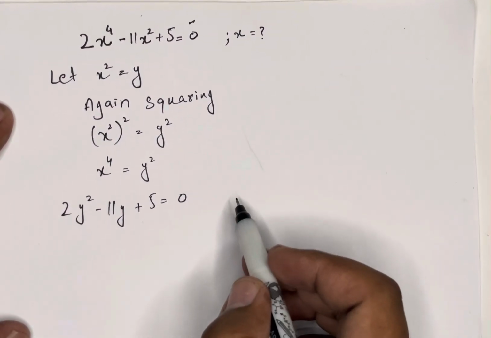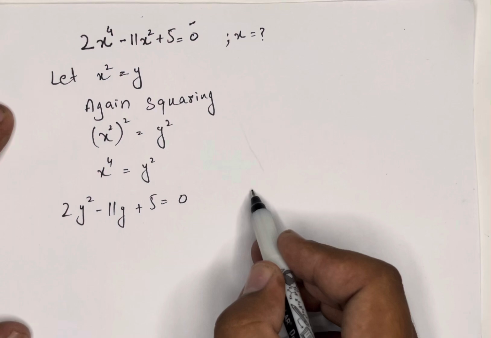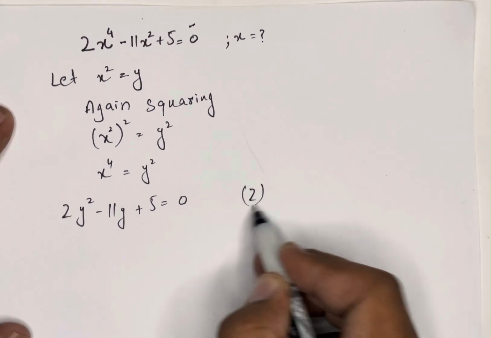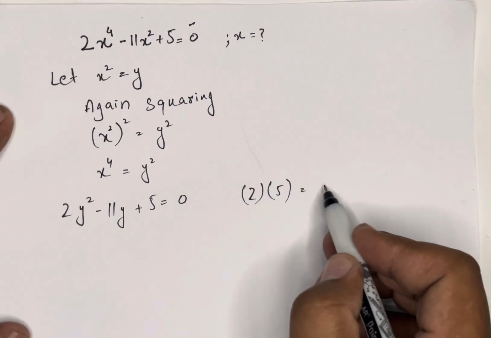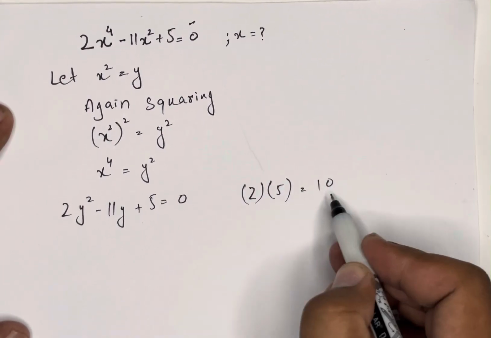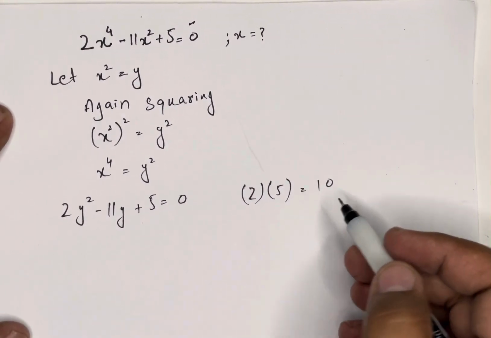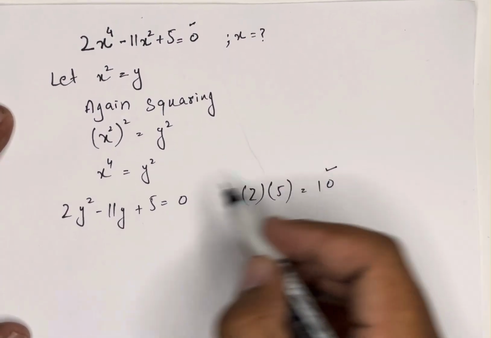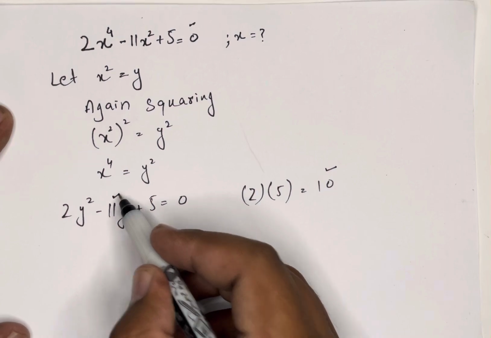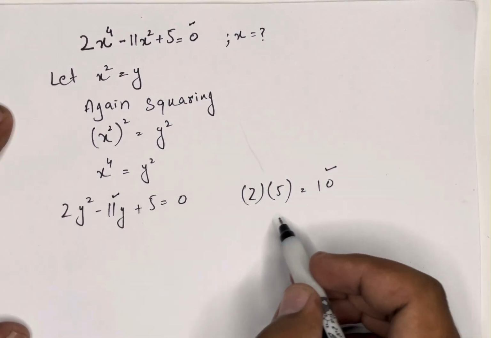So for this I am going to solve it like this: 2 multiplied by 5 is equal to 10. So I have to find numbers whose product is 10 and whose sum is minus 11.